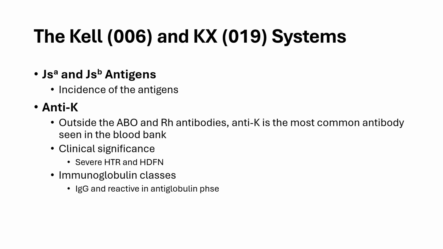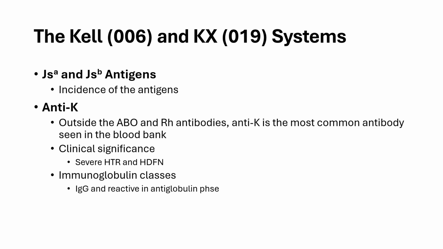For anti-capital K, outside the ABO and Rh blood group antibodies, once again, anti-K is the most commonly encountered antibody in blood banks. It is important to note that anti-K is distinct from anti-JSA or anti-JSB, but they all belong to the KEL system.